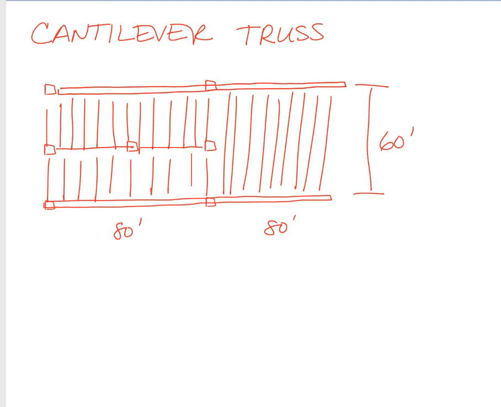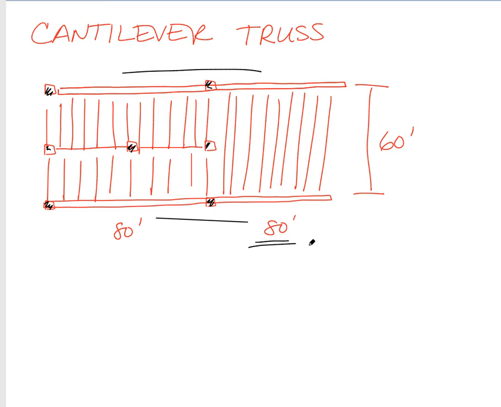So a little cantilever truss. You see some columns sitting here on the plan. And on the outside there, both outside, that's the truss out there. So a total of 160 feet, but we've got what we would call a span of 80 feet.